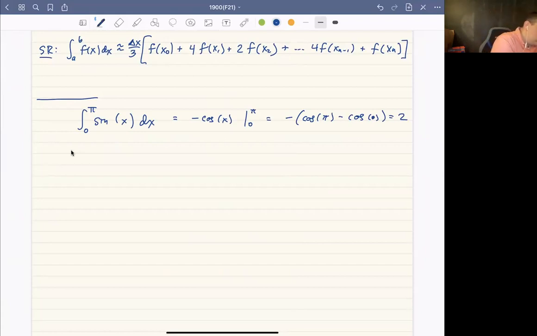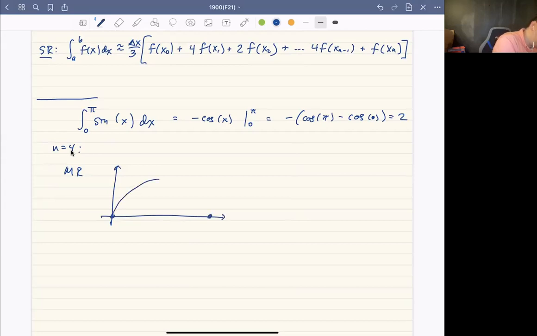Now, let's see what the midpoint rule, the trapezoid rule, and Simpson's rule all say. And we're going to use n equals 4 for all of these. So for the midpoint rule, I'm going to take our picture here. We go from 0 to pi.